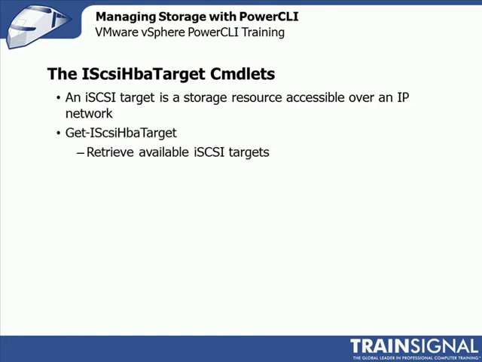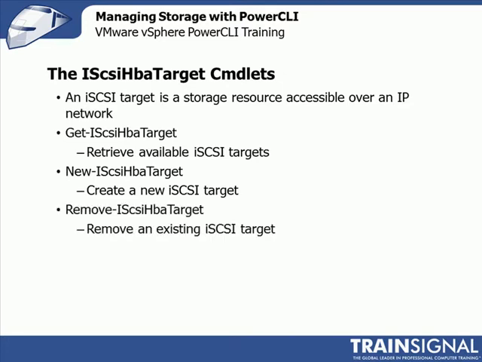We have a few cmdlets I'm going to talk about. Get-IScsiHbaTarget is one that's used to retrieve the available iSCSI targets. New-IScsiHbaTarget is used to create a connection to a new iSCSI target. And then we have Remove to remove an existing iSCSI target, and Set, which you can use to modify an existing iSCSI target.